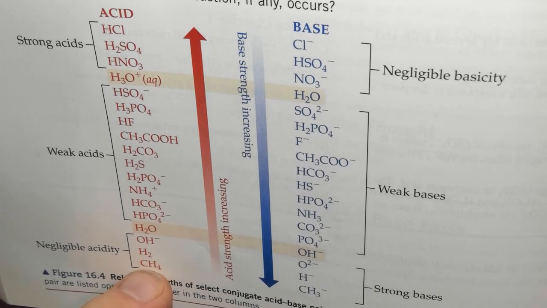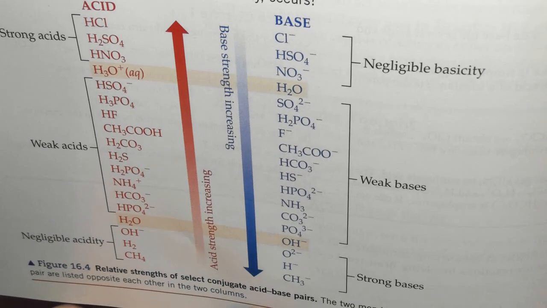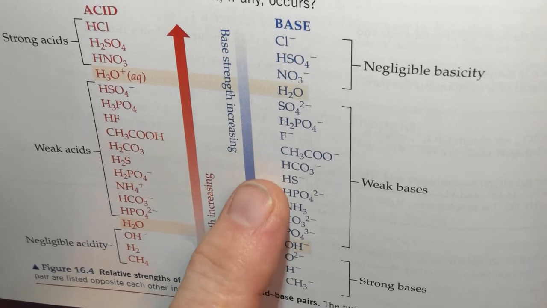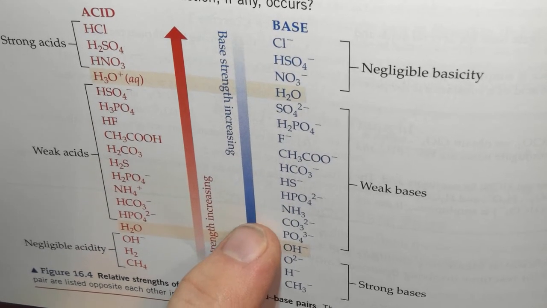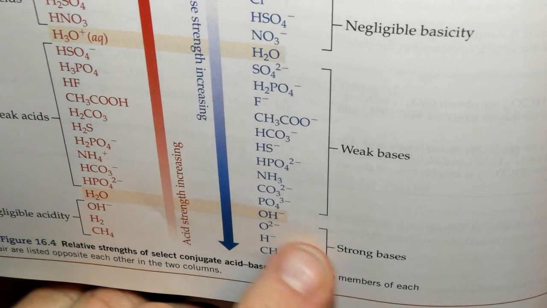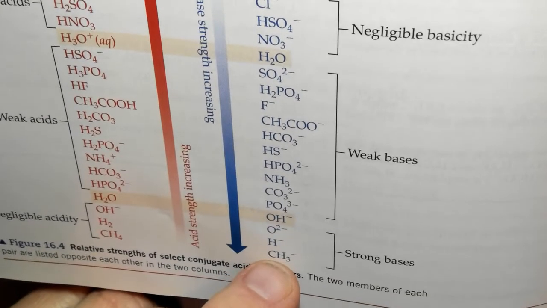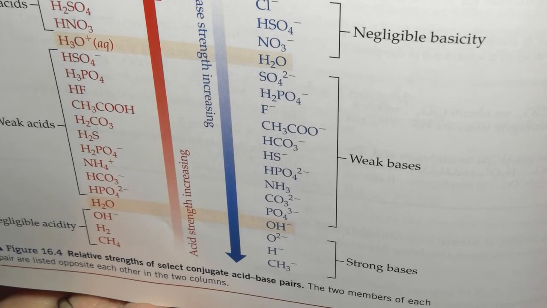They're just too stable. And then over here on the base side, you can see the weak bases here. Ammonia, you probably know. Some anions right here are good weak bases because they're good at getting hydrogens. And then you can see some super strong bases, some things right here that will grab hydrogens really fast.